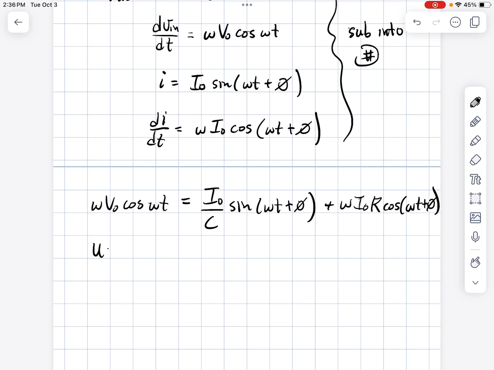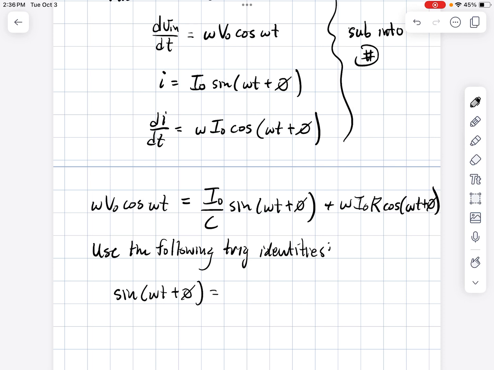So we're going to use the following trig identities. One of them is that sine omega t plus phi is equivalent to sine omega t cos phi plus cos omega t sine phi.